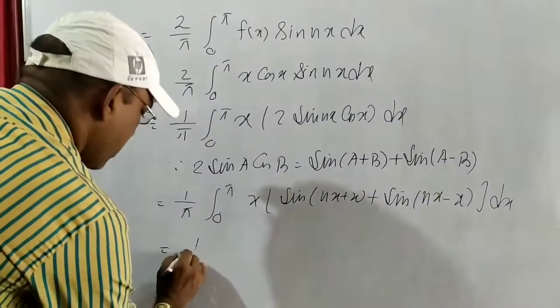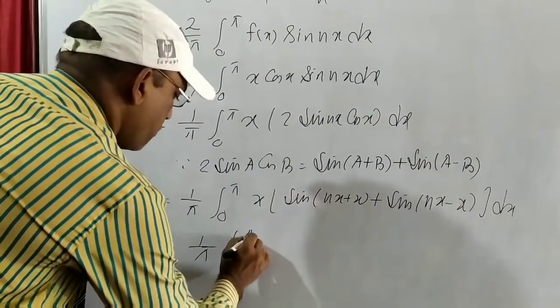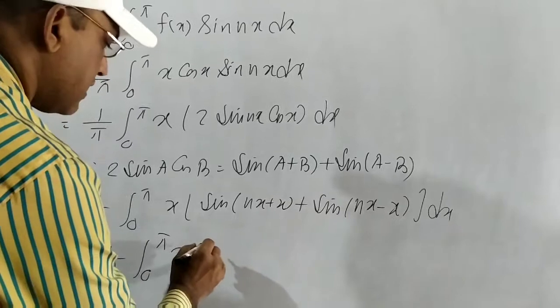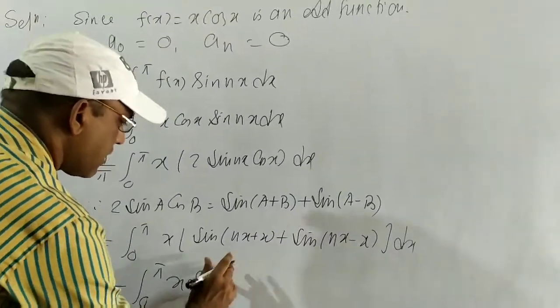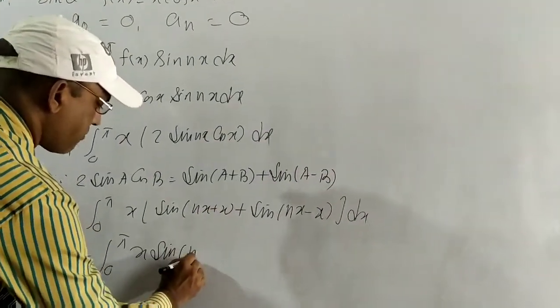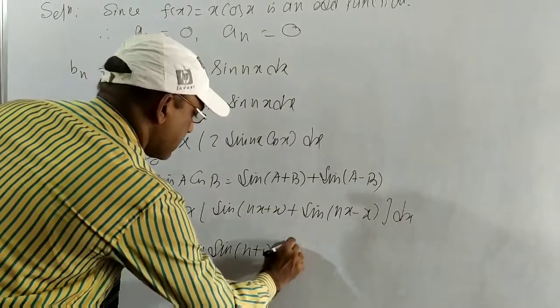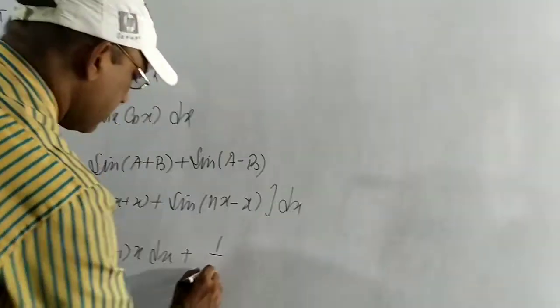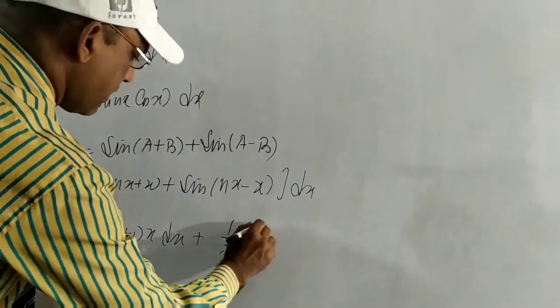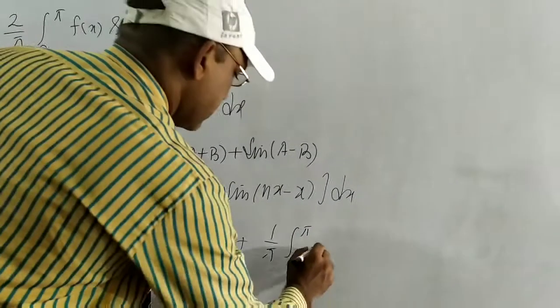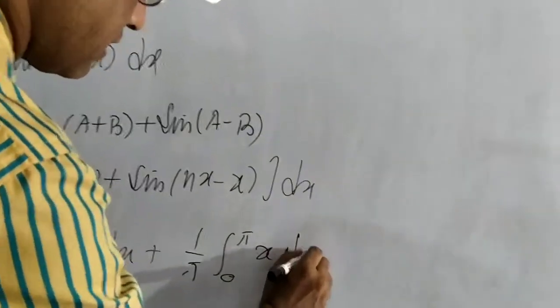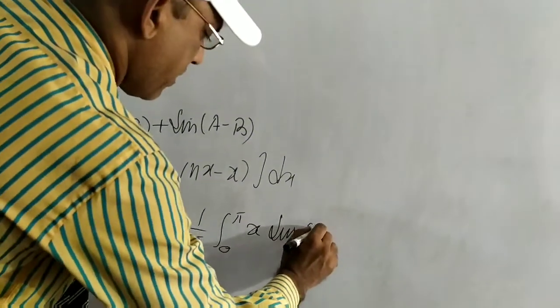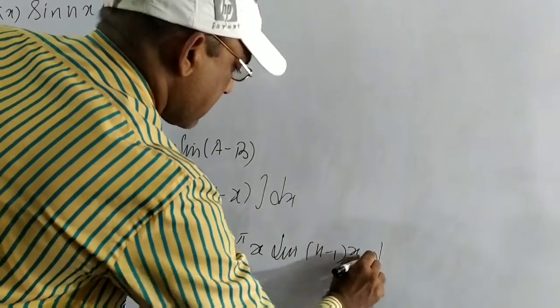So this will be 1 by pi, 0 to pi, x sin, taking x common, (n plus 1) x dx, and again 1 by pi, 0 to pi, x sin, taking x common, (n minus 1) x dx.